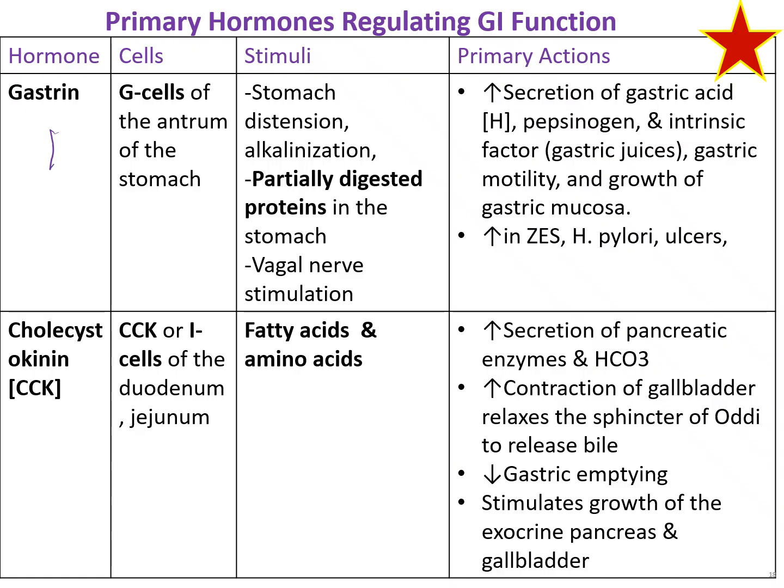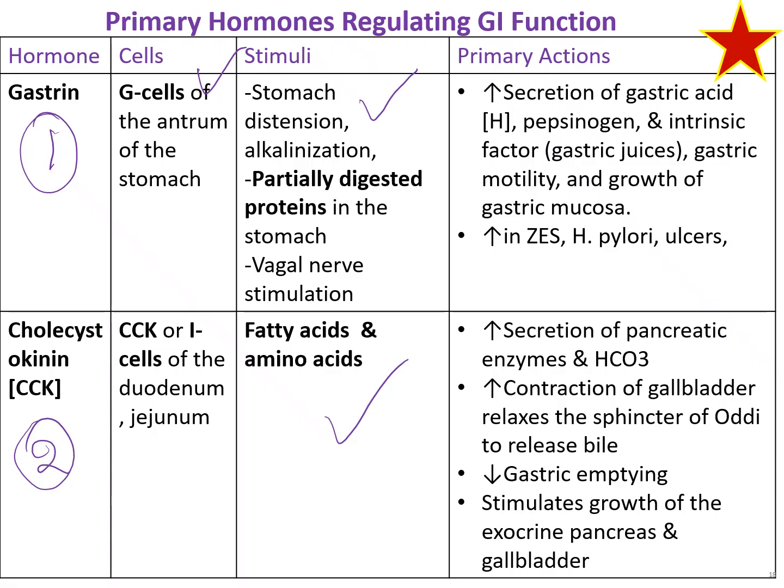All right. So four important ones. Number one, gastrin from the G cell, stimulated by stomach distension and partially digested proteins, and it increases the secretion of gastric acid. Number two is the cholecystokinin. The cholecystokinin is mainly from the I cells and the stimuli are mainly fatty acids and amino acids.